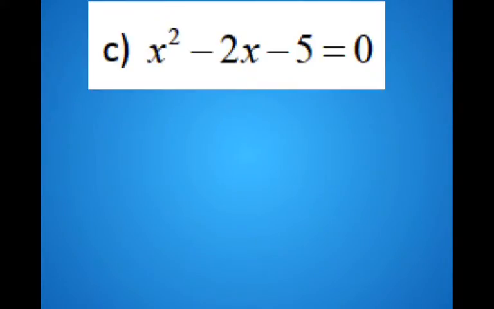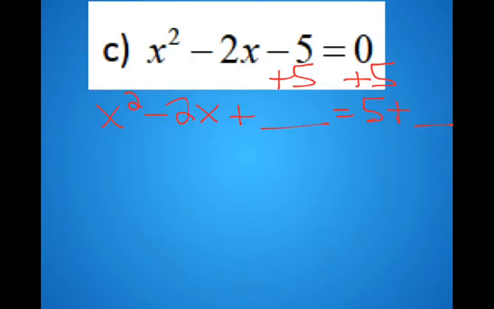Okay, I'm going to show you this next one. So we're going to move the constant over, so it's going to be adding that 5 over. So we have x squared minus 2x plus a blank equals 5 plus a blank. So we're going to look for that magic c.